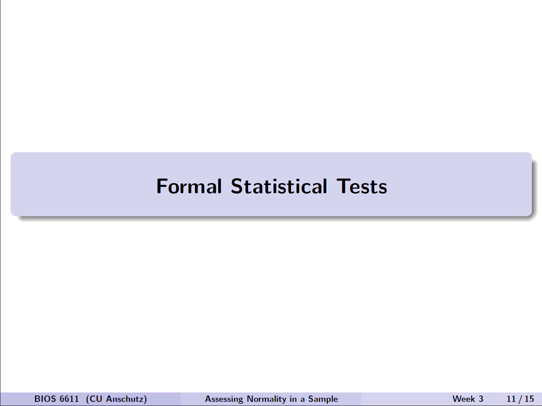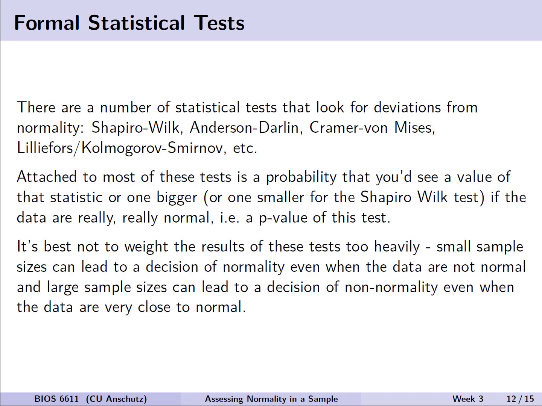Sometimes, however, people also request formal statistical tests. So the good news, there are a number of different tests out there that look for deviations from normality or even some other distribution.